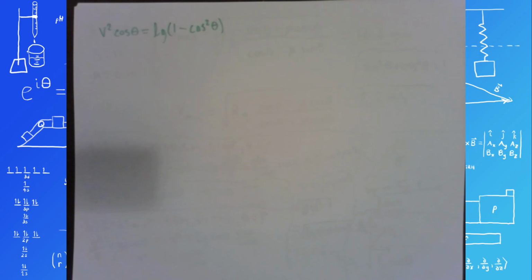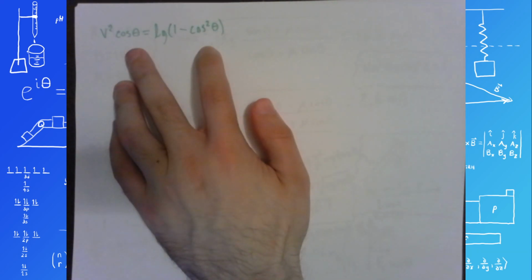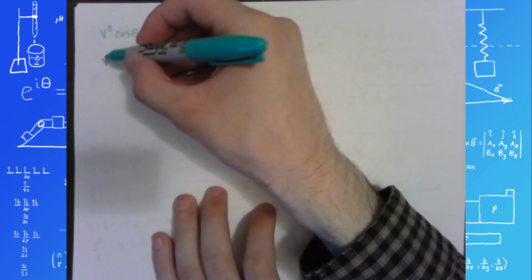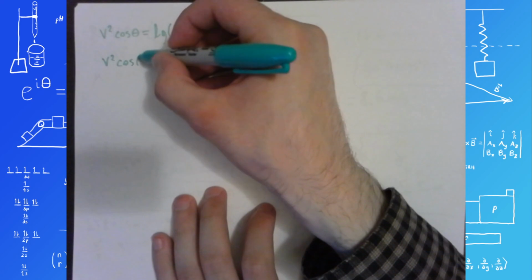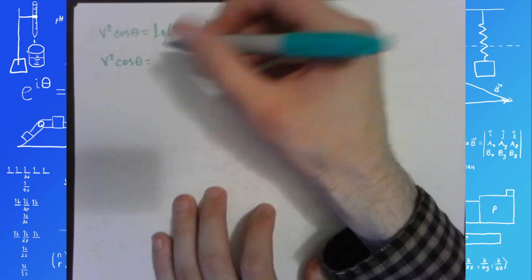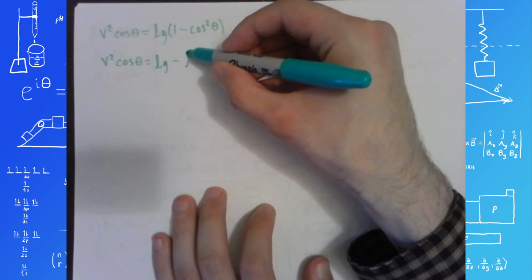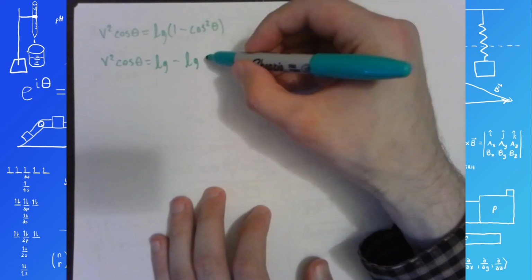And this is the part where a lot of people get stuck. I've got a cosine theta term and a cosine squared theta term. How do I work with this? Well, if we go ahead and distribute and rearrange this, you might notice something about this equation. So I'm going to say v squared cosine theta equals, if I distribute it, I get LG minus LG cosine squared.